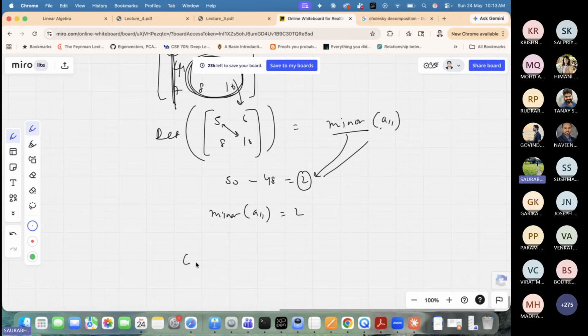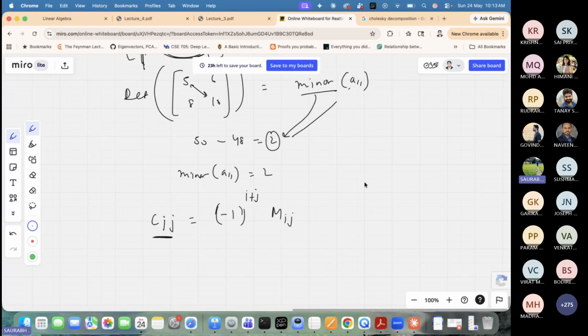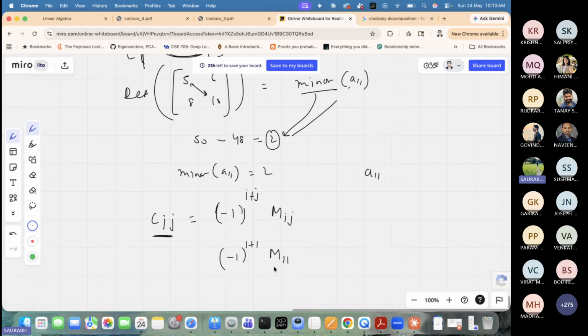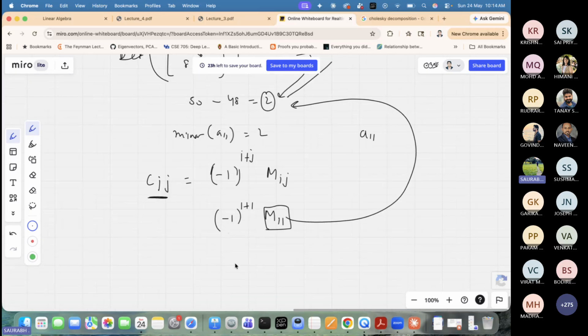Cofactor is represented like this: Cij is equal to minus 1 to the power i plus j times Mij. So if I'm using A11, i is 1, j is 1. So minus 1 to the power 1 plus 1, and M11. You already know what M11 is: the value 2, right? So the cofactor would be minus 1 to the power 2 times 2, which is nothing but 2.